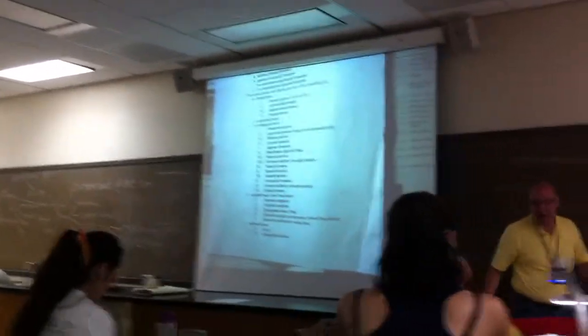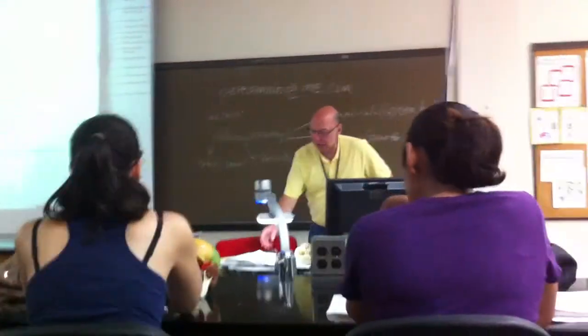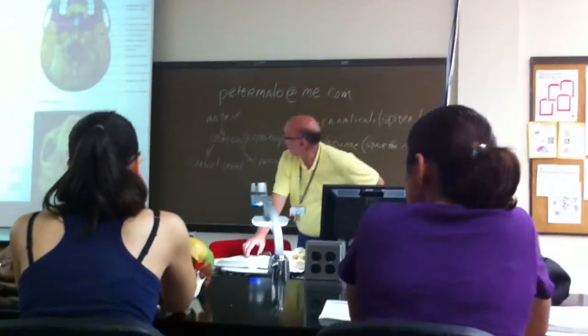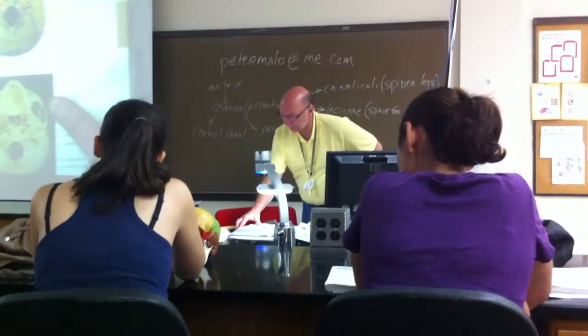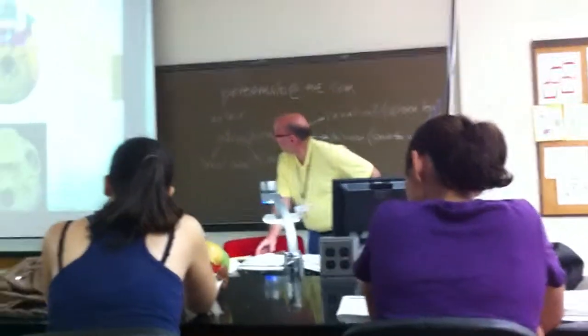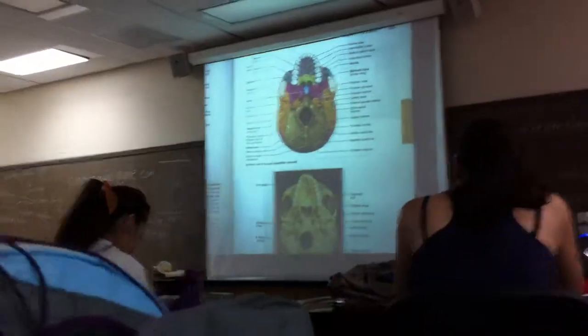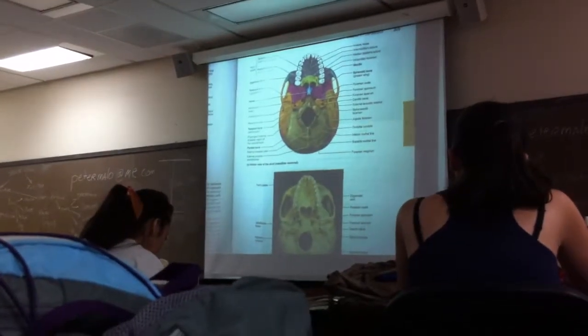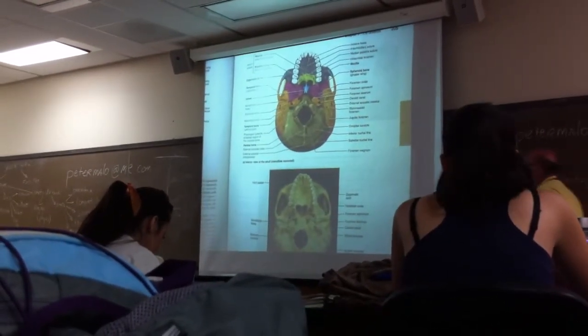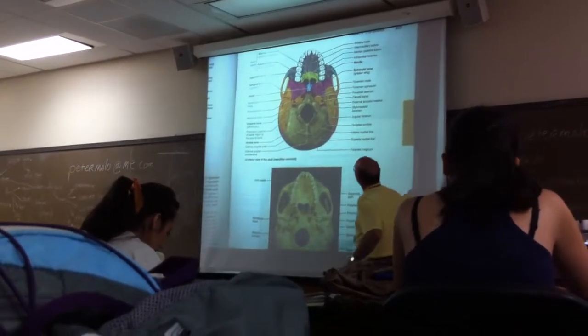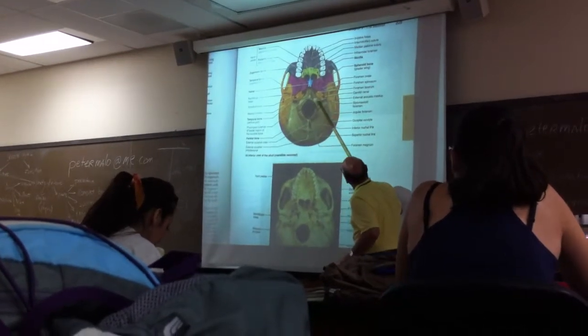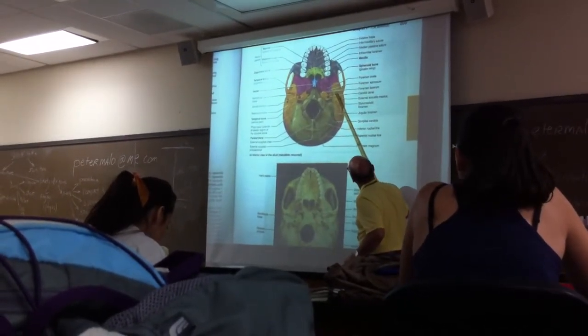All right, you're going to say, how can I find that? Here we go again. Go back to your picture here, and what I want you to do is draw a line. Remember we had this diagonal line going out to the mandibular fossa.